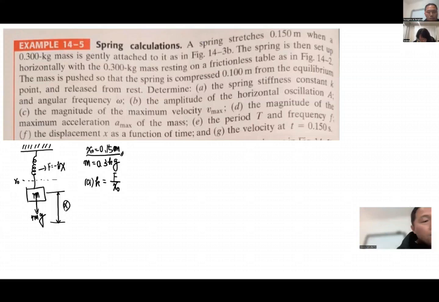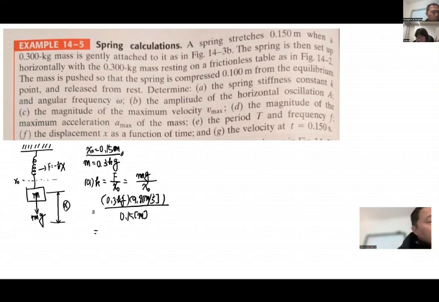Here F is mg, because the only force applied to this spring is gravity. So F should be replaced with mg, and it goes with the x naught. Here mg is 0.3 kilogram times 9.8 meter per square second, and x naught is 0.15 meter.